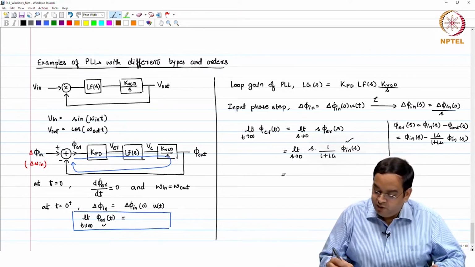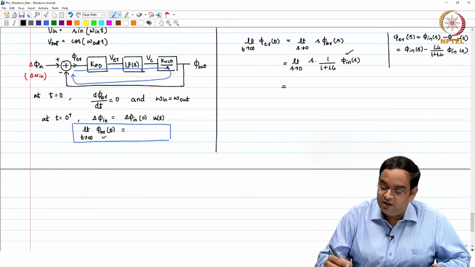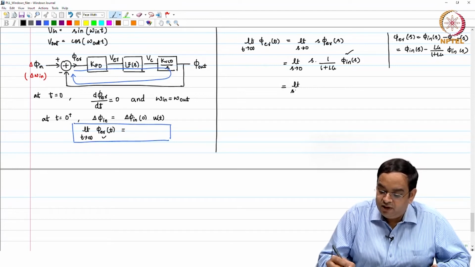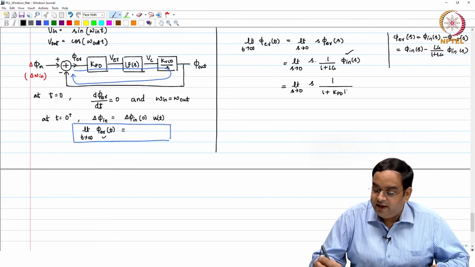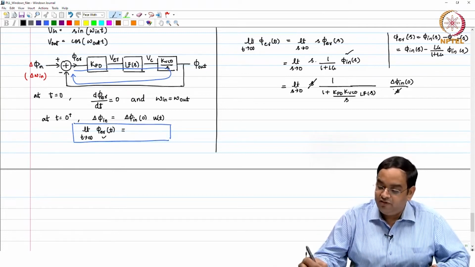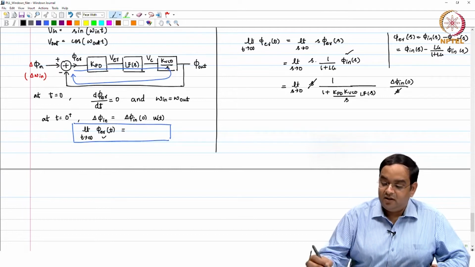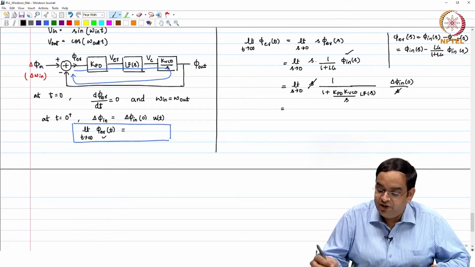Now, this value is equal to the limit S tends to 0 of 1 by 1 plus loop gain. Your loop gain is Kpd times KVCO over S times loop filter of S, into delta phi in 0 by S. So, this goes off, and you substitute S equal to 0.